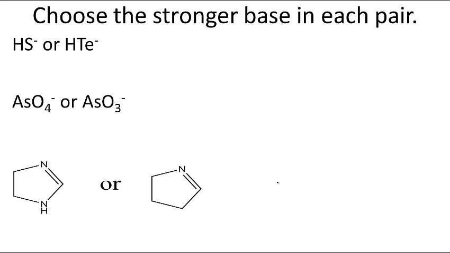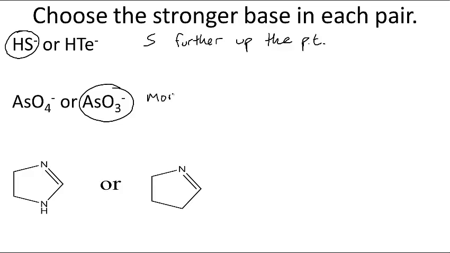HS minus is a stronger base. Yes, because S is further up the periodic table. All right. Arsenate or arsenite? AsO4 minus or AsO3 minus? AsO3 minus. More electronegative atoms nearby makes for a weaker base.